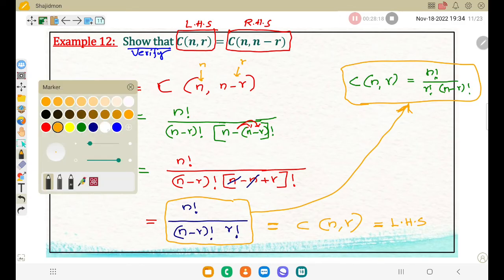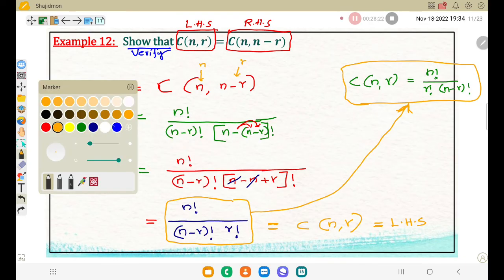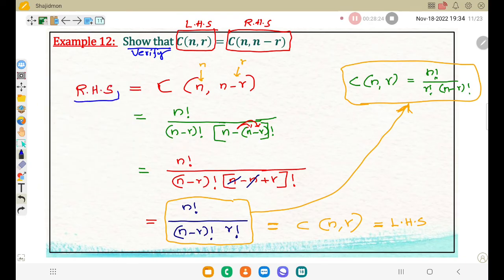That means what we got actually? Left hand side equal to the right hand side, correct? We started from right hand side. We got the left hand side same answer, because CNR is n factorial divided by n minus r factorial, r factorial. Okay, so this is the idea of this question. You can just write and practice that one. Automatically it will come. It is easy only.